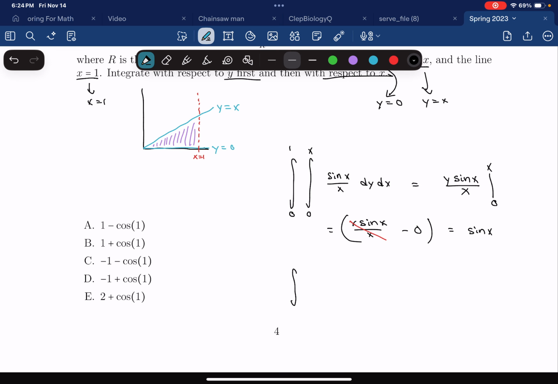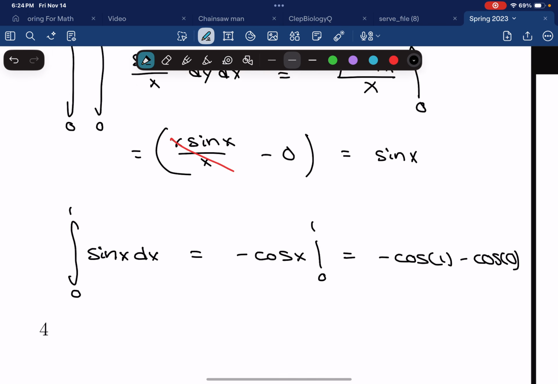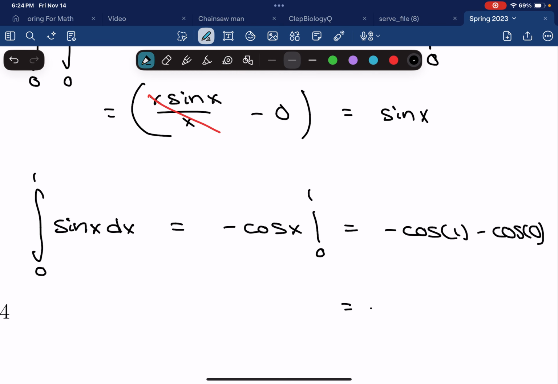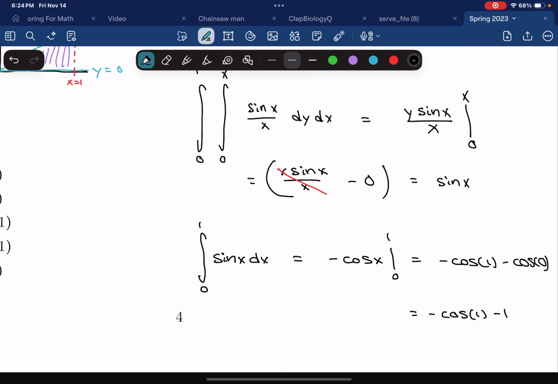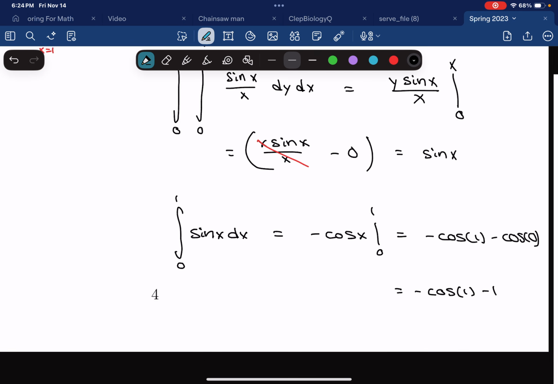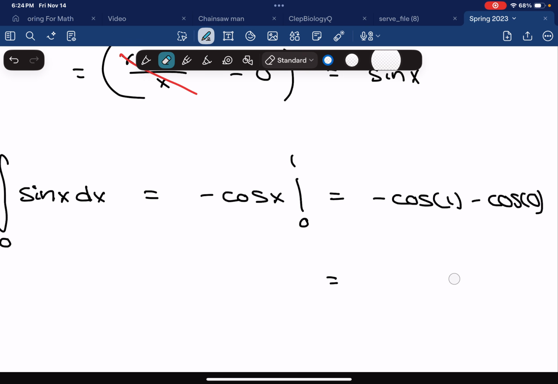If you evaluate from 0 to 1 of sine of x dx, that becomes negative cosine of x from 0 to 1, which gets you negative cosine of 1 minus cosine of 0. Oh, sorry, whoops, no. It should not be minus cosine of 0.